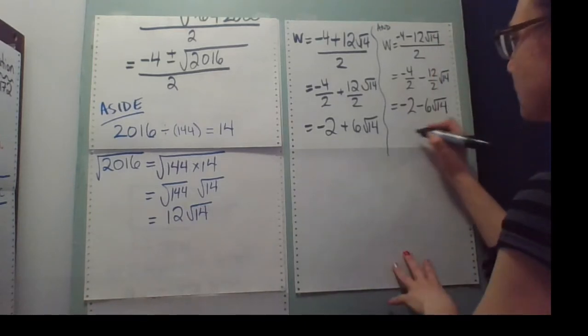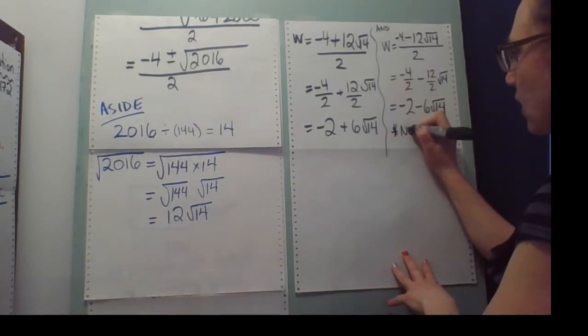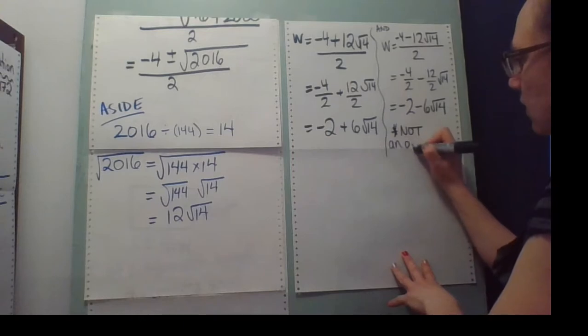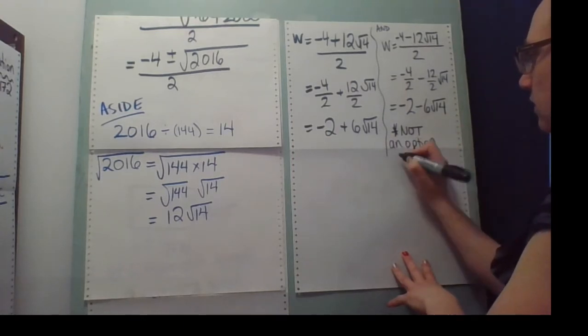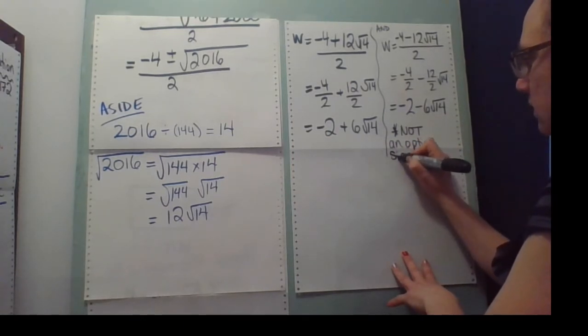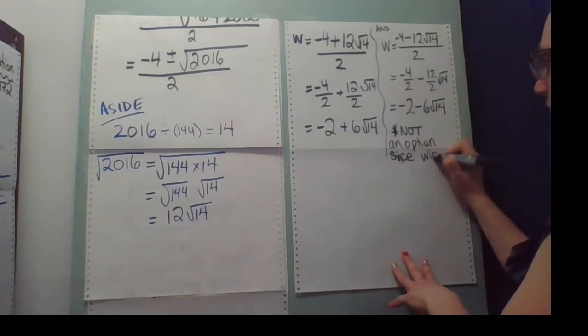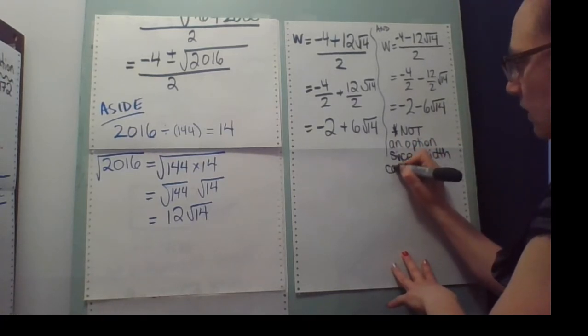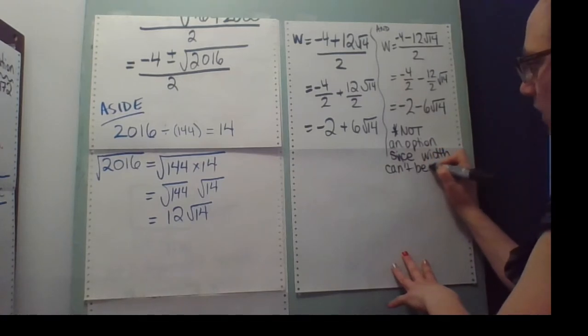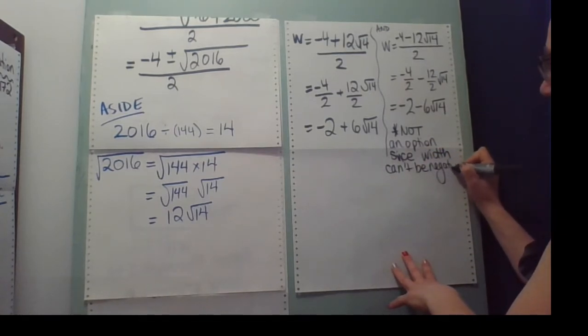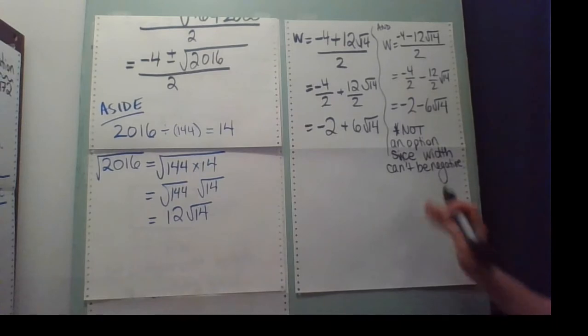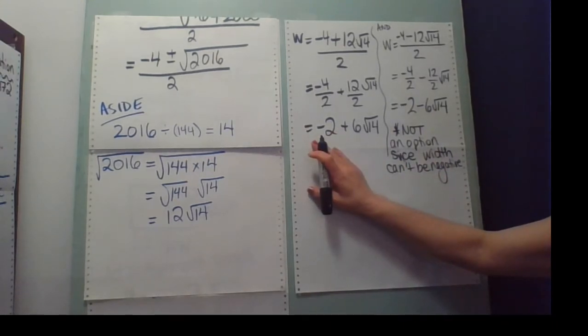So we don't want that one. Not an option since width can't be negative. So this one's not an option. So that's my final option for width.